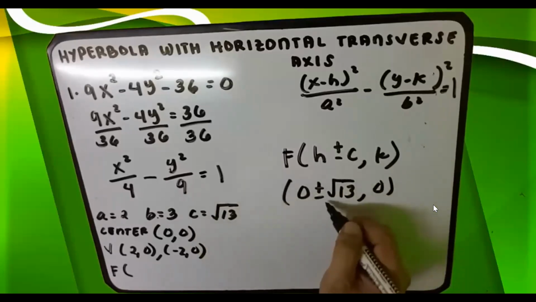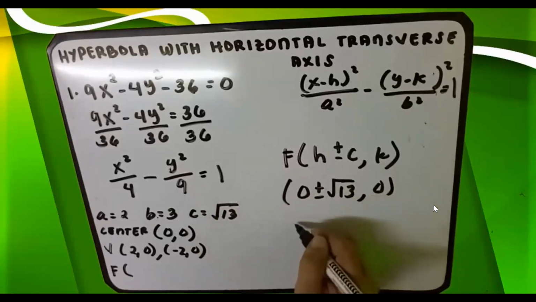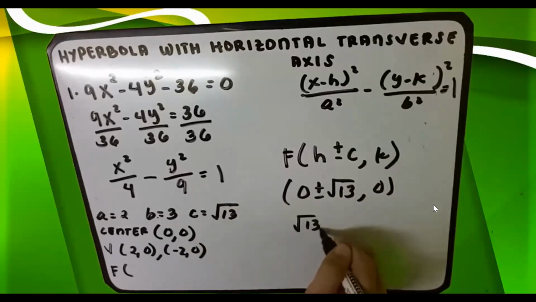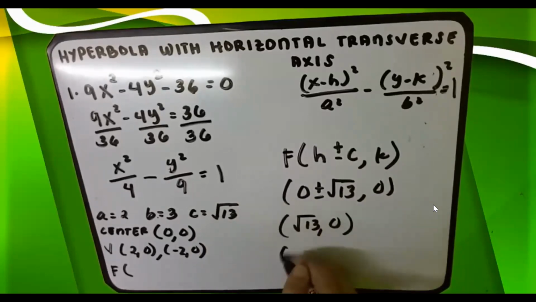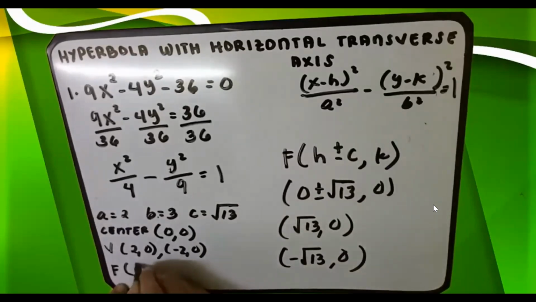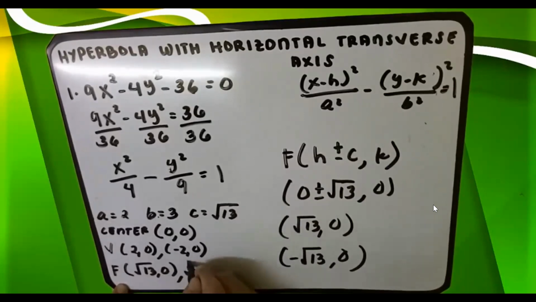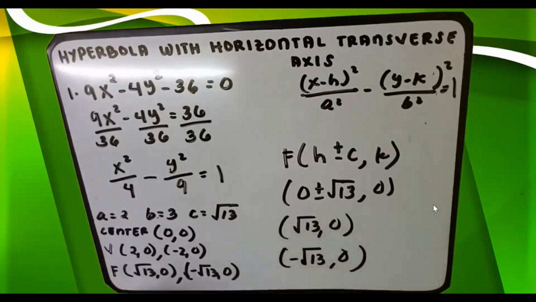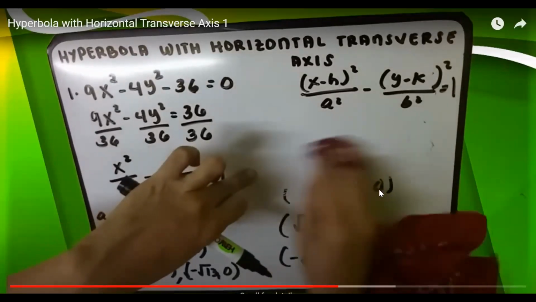So pag pinaghiwalay natin to, itong plus minus, magiging positive square root of 13, 0. And then yung isa naman ay negative square root of 13, 0. So ang foci niya ay square root of 13, 0, and negative square root of 13, 0.